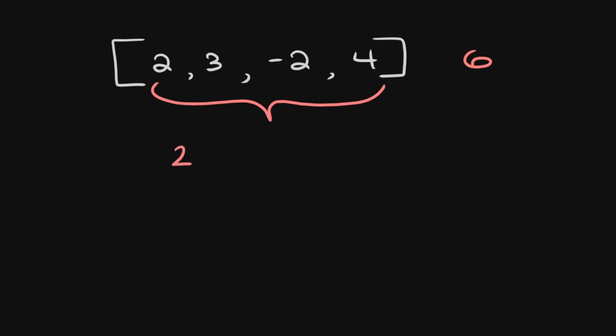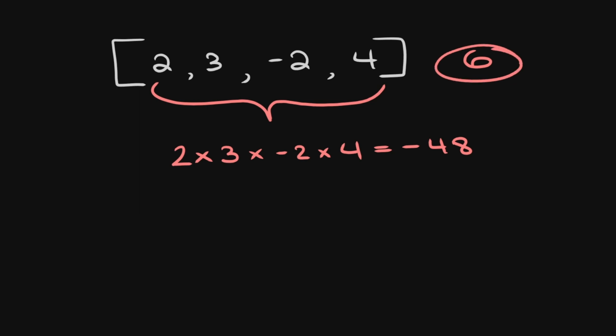So in this case, we have 2 times 3 times -2 times 4. And this is going to be -48. And this is still less than the 6. So in reality, this is the largest maximum product subarray value that we'll be returning.